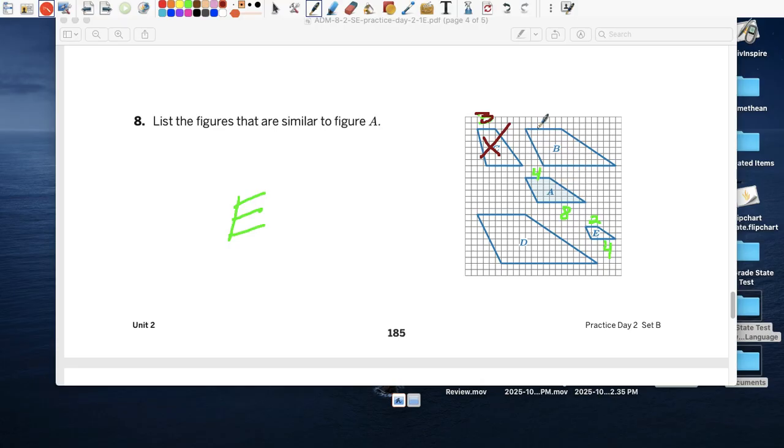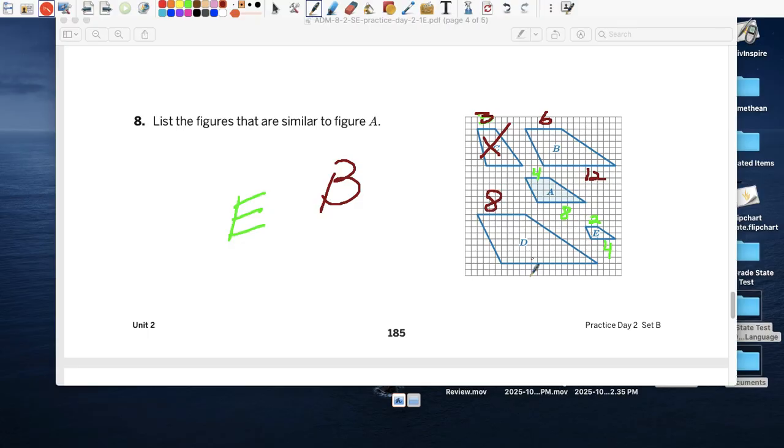B, 1, 2, 3, 4, 5, 6. So this is 6. 2, 3, 4, 5, 6, 7, 8, 9, 10, 11, 12. That looks like a 12. How did the 4 become a 6? Times 1.5. How did the 8 become a 12? Times 1.5. Same scale factor? Yeah, so B is a candidate. What about D? Of course, 1, 2, 3, 4, 5, 6, 7, 8.